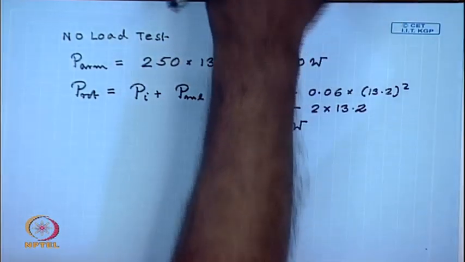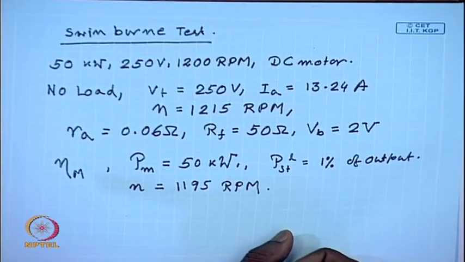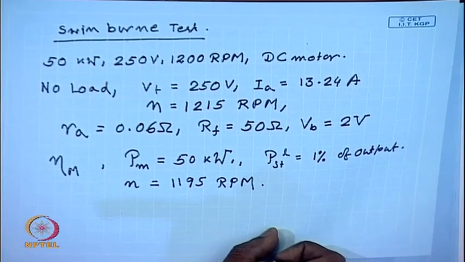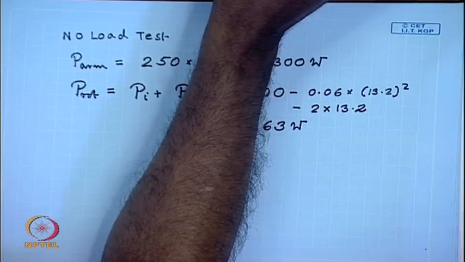Now, the speed varies from 1215 to 1195 RPM. We assume that due to this small variation in speed, the rotational loss does not change.